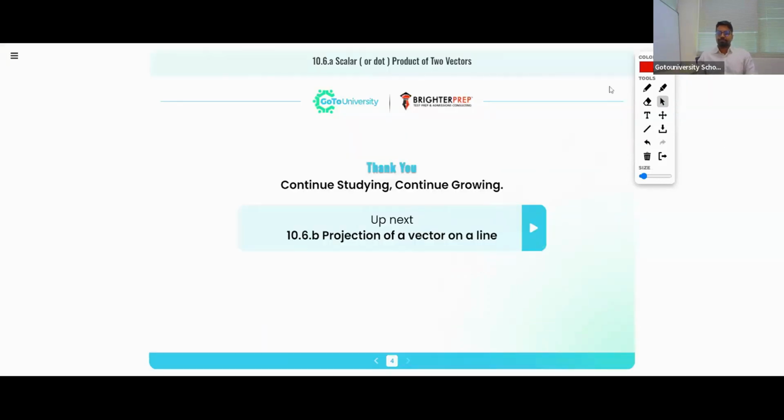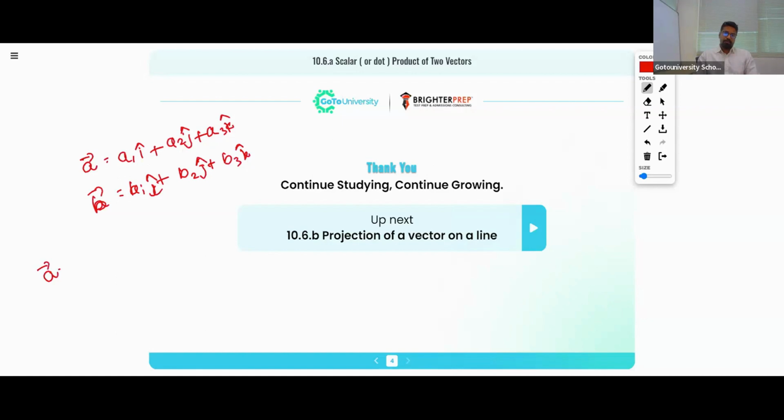For example, if there is a vector A represented by A1 I plus A2 J plus A3 K, and another vector B represented by B1 I plus B2 J plus B3 K. Now the product of A and B is nothing but we multiply the corresponding elements.